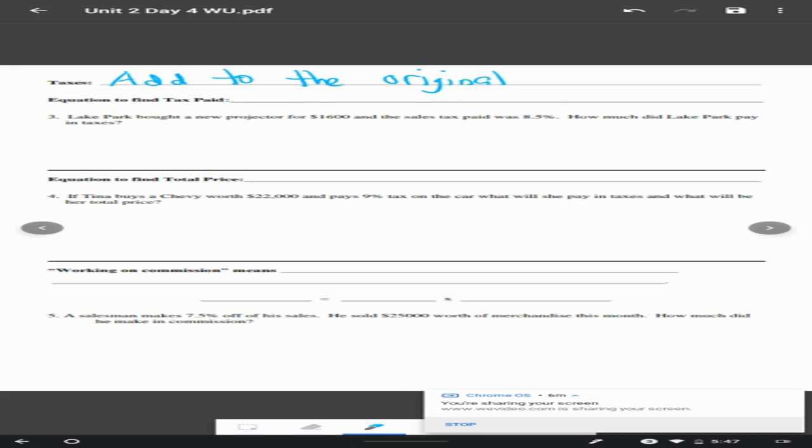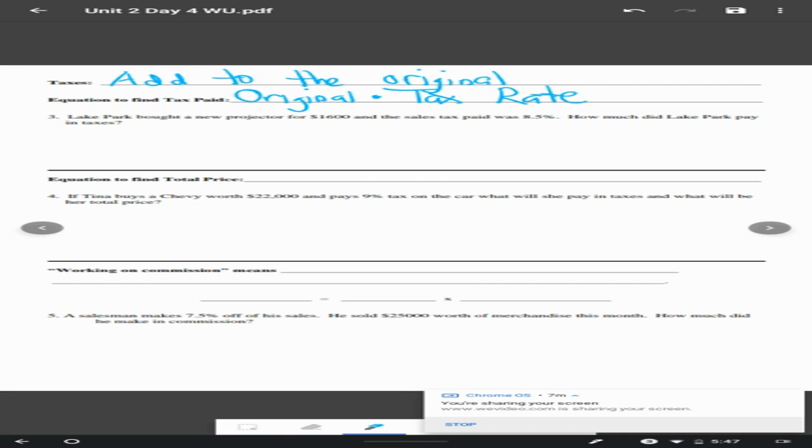So my equation is the identical same equation that we just used for sales or discount. We take the original price and we multiply it by my tax rate. So this first example says Lake Park bought a new projector for $1,600 and the sales tax was 8.5%.